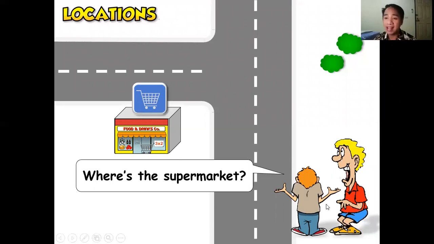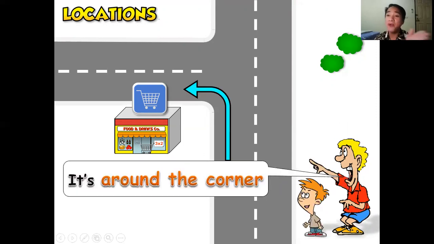So what will be your answer? You can say, look at the arrow, it's around the corner. So that's how you answer. Or you can say it's along the highway.